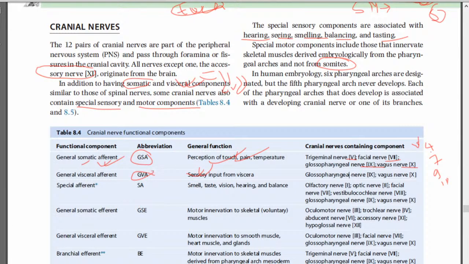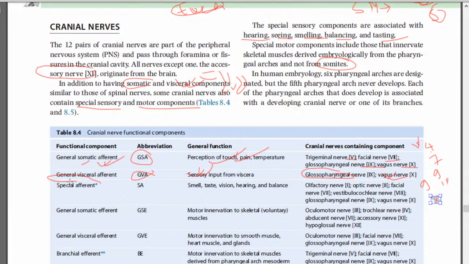The glossopharyngeal nerve supplies the tongue, and the vagus nerve supplies a whole lot of the lungs, so those are 9 and 10.